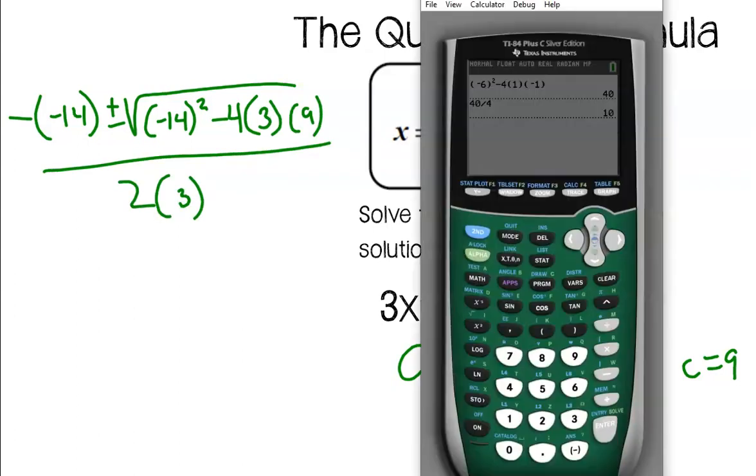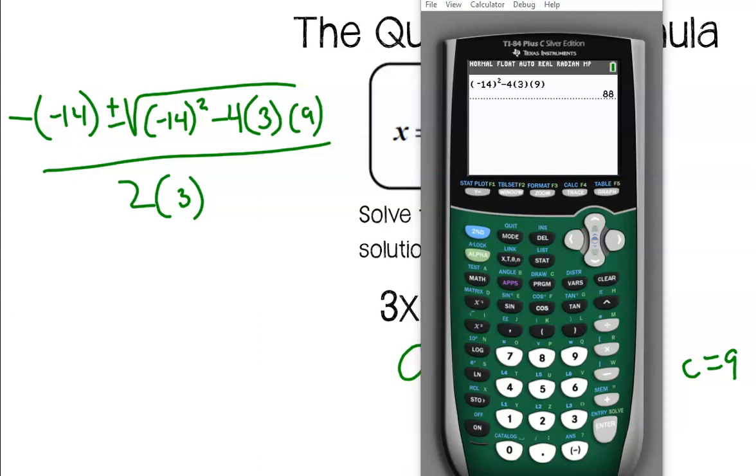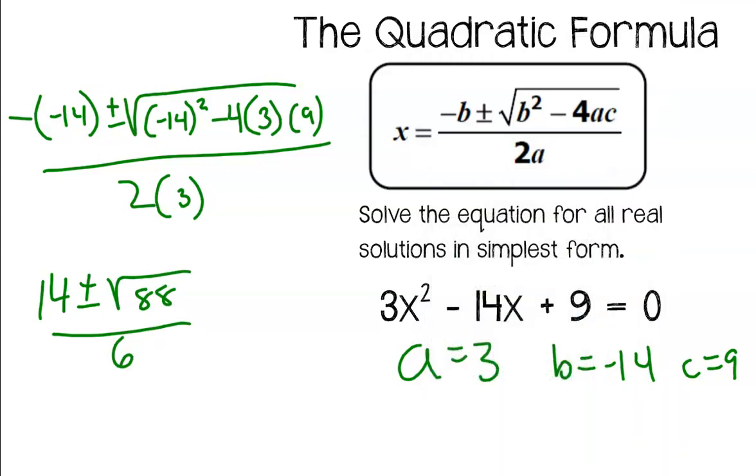My discriminant is going to be negative 14 squared minus 4 times 3 times 9. Okay. Looks like I get an 88. So positive 14 plus or minus the square root of 88 all over 6.